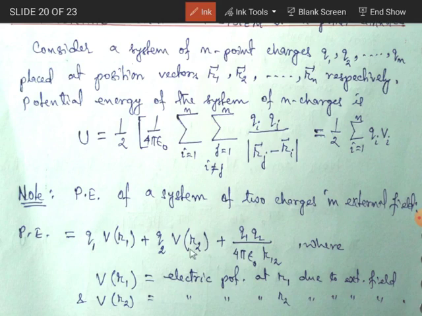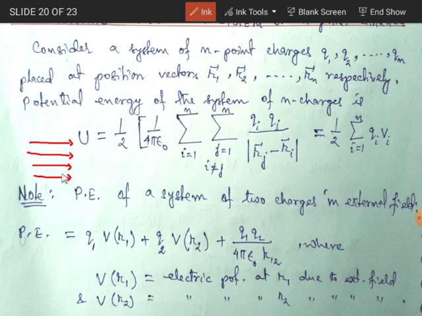Are you clear with this first one? In bringing q1, suppose there is an external field like this; let's take it as uniform. A uniform electric field is represented by parallel lines equidistant from one another with an arrowhead.